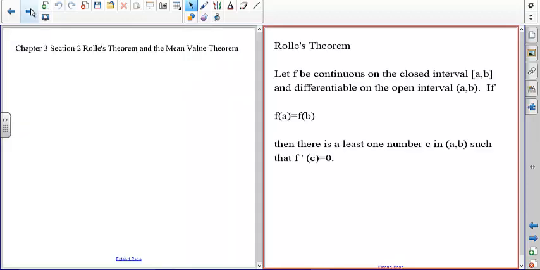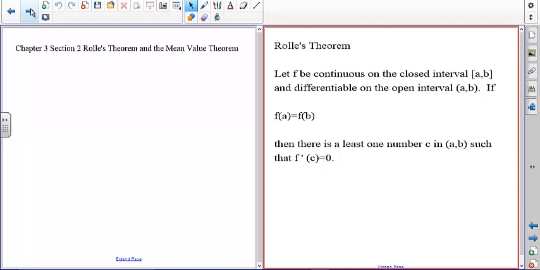So Rolle's theorem, it's in your book. Don't write it down. I'm not going to ask you what Rolle's theorem is. But it says let f be a continuous function, which means there are no breaks in the function, on the closed interval a to b. So that means it includes the endpoints, and differentiable on the open interval.